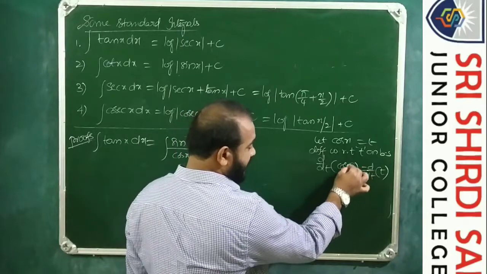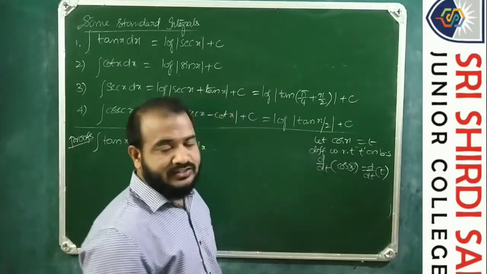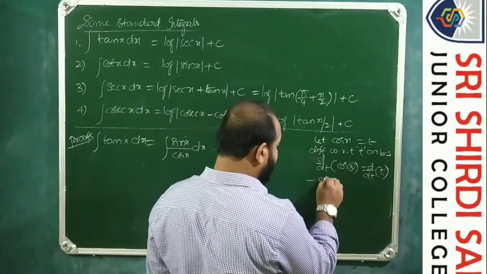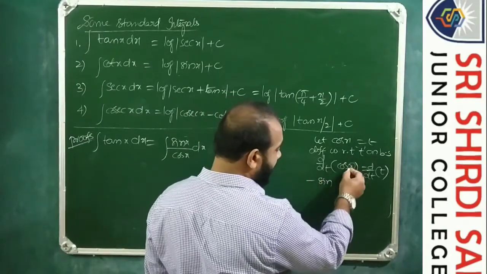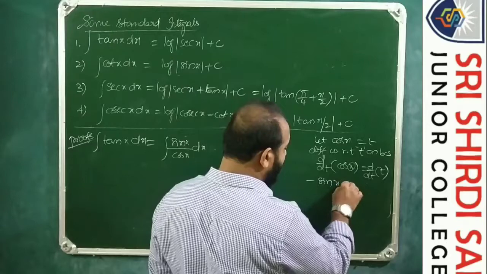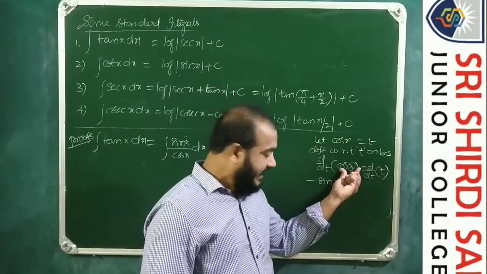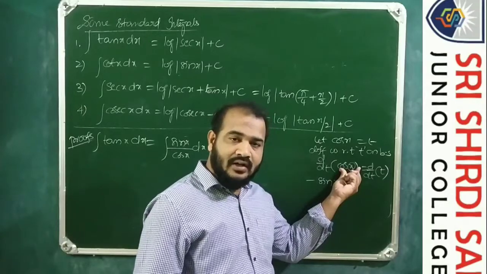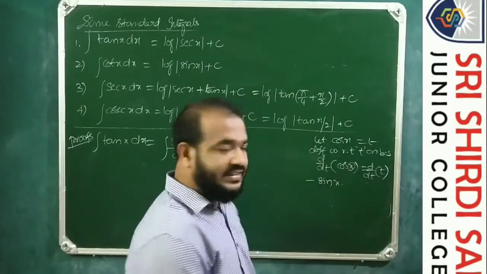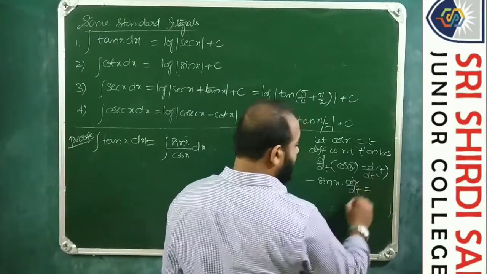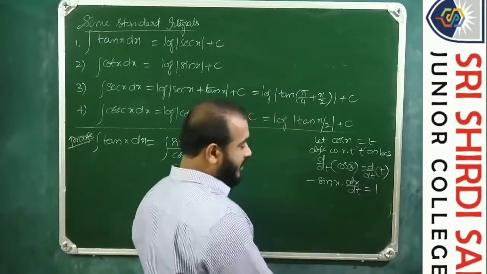So let us assume x to be t. Now d by dt of cos t is minus sin t, in the place of t x, into whatever that we have treated it to be t, we need to differentiate again. So d by dt of x is dx by dt. So d by dt of t is 1.